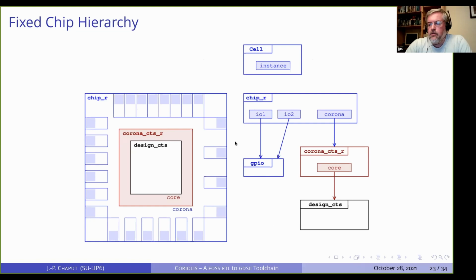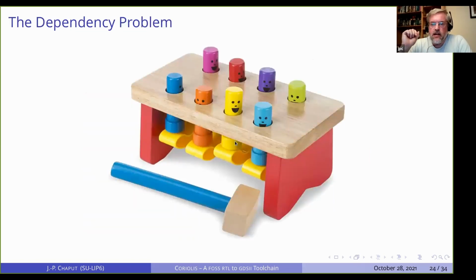So this is to automate the design. Now we have a problem with our tools. This is explained here. The problem is that you cannot optimize one without optimizing the others. If you tap on this one, that one will go up.